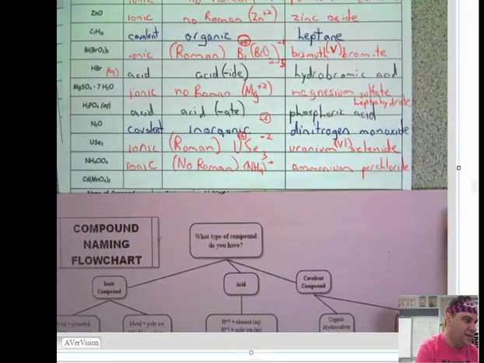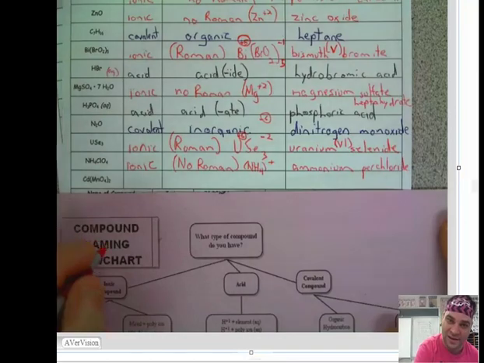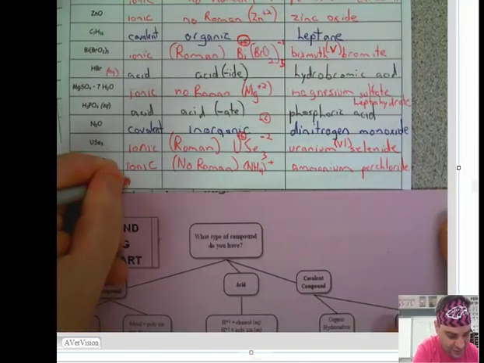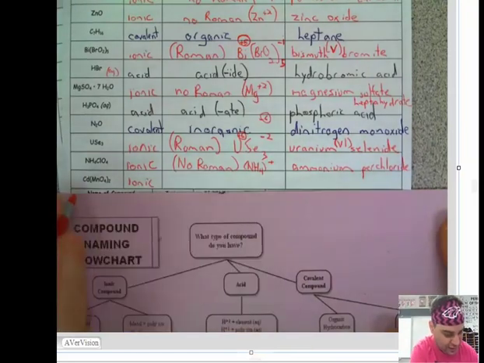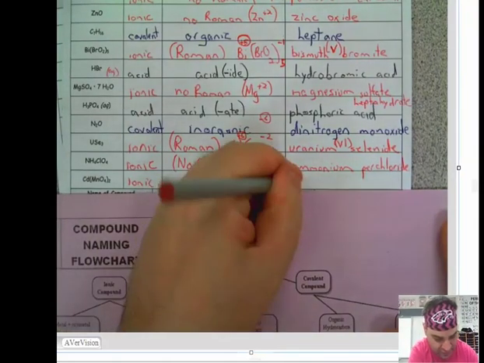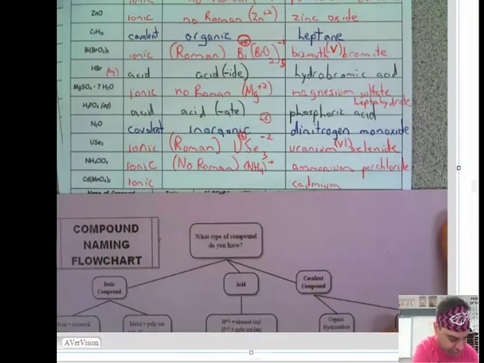Okay, and then CdMnO4 here. Cd is a metal, so again, it's ionic. So we name the metal again, cadmium. You name the polyatomic ion.